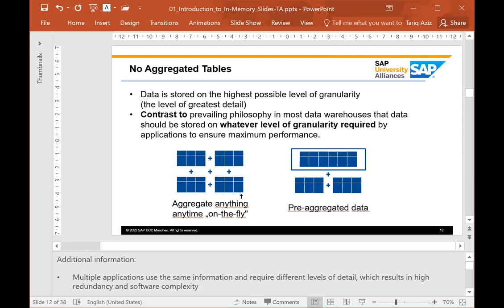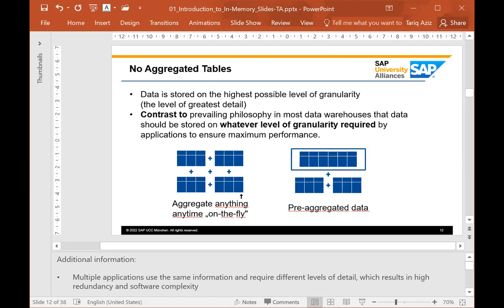But now imagine we are stuck with that aggregation. If we want to do some other analysis, we cannot, because the data is available only in that format. So we don't have the detail of the data. And secondly, when we move the data from the transactional database to the analytical one, we don't take all the data. We just pick whatever is required for our reporting.